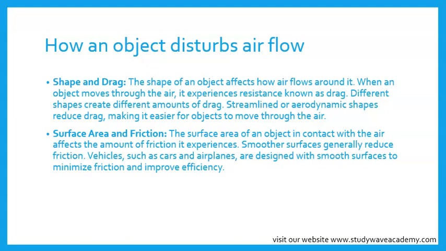The amount of surface an object presents to the air affects how it moves. So smoother surfaces reduce friction, allowing for smoother airflow. Okay? Do we understand? Different surfaces create varying amounts of friction, affecting how air interacts with the object. Okay?